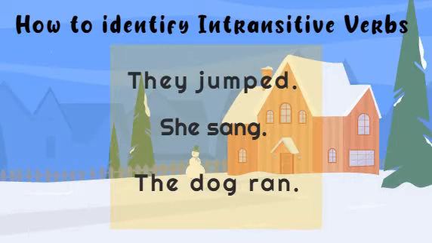Well, in these sentences, you don't actually get a question in your mind like jumped what or jumped who, sang what or sang who, or the dog ran what or the dog ran who. So these sentences don't put a question in your mind. So the sentences that don't need an object have intransitive verbs.